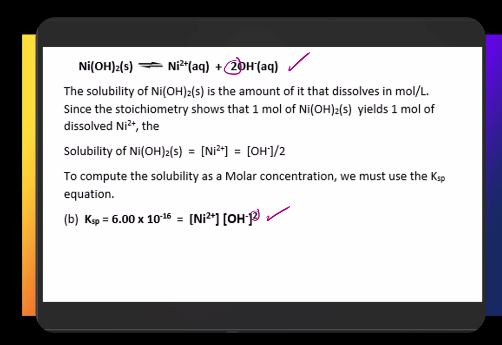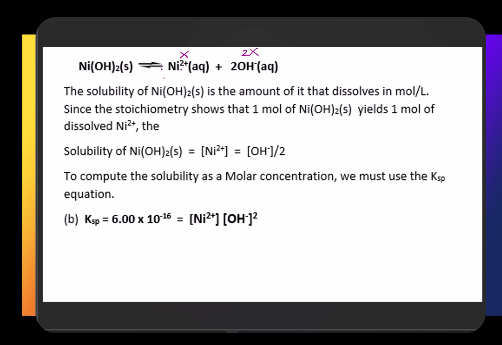To solve this one, you can solve it in many different ways algebraically, but I think it's easier if you start with one of the products whose stoichiometric coefficient is 1, and say let X equal the concentration of dissolved nickel. For each X moles per liter of nickel ion that's formed, we're going to form double the amount of hydroxide because of the coefficient of 2.